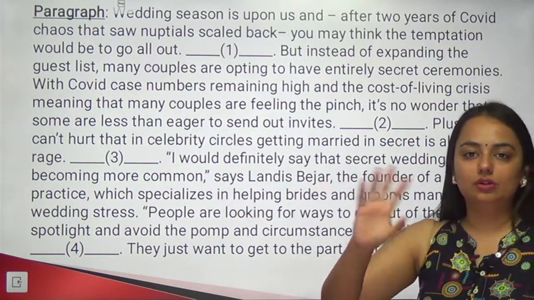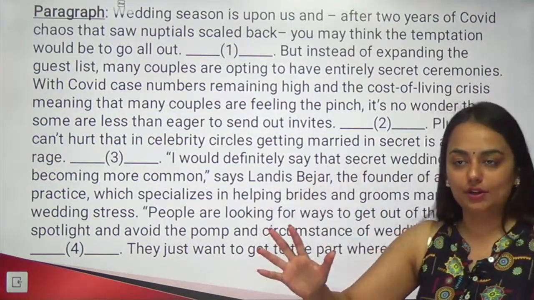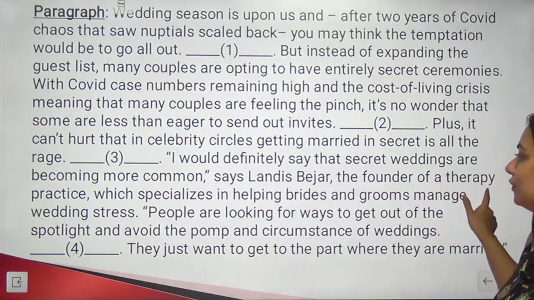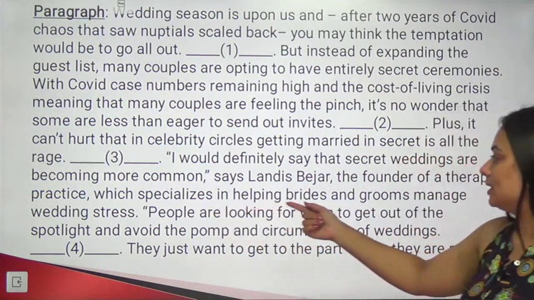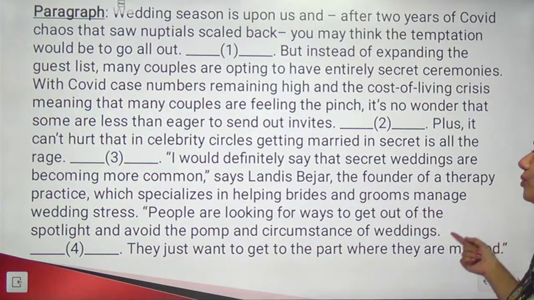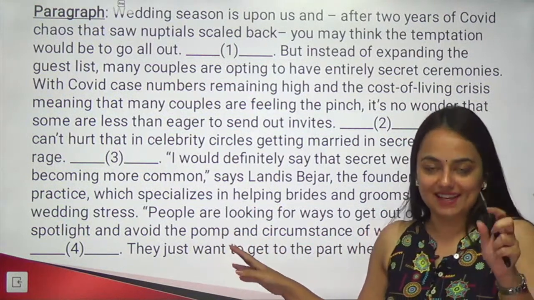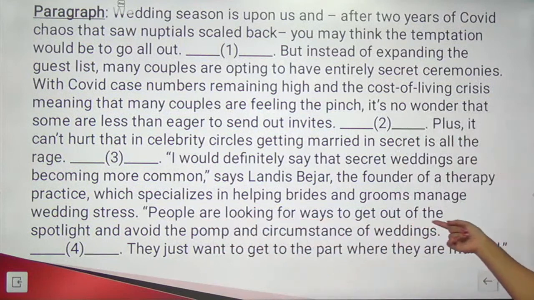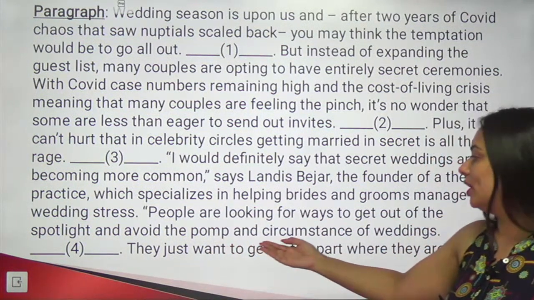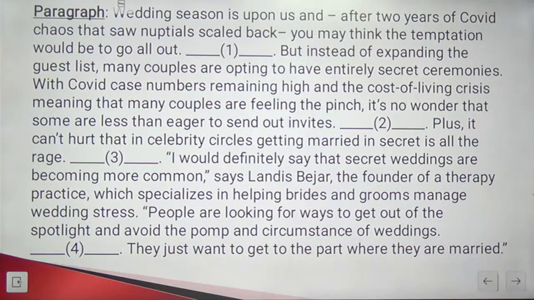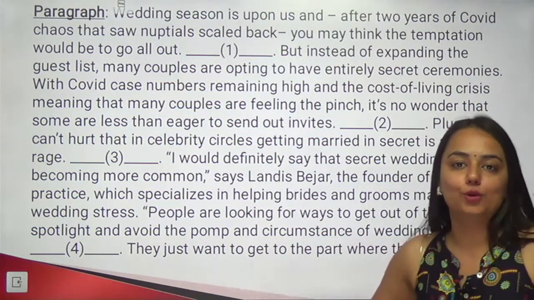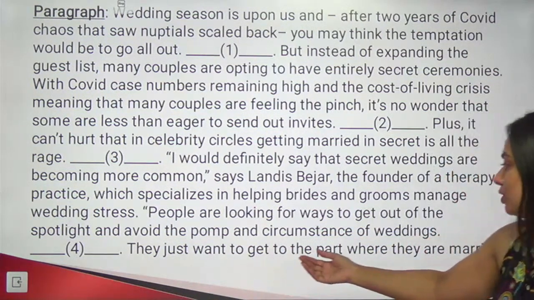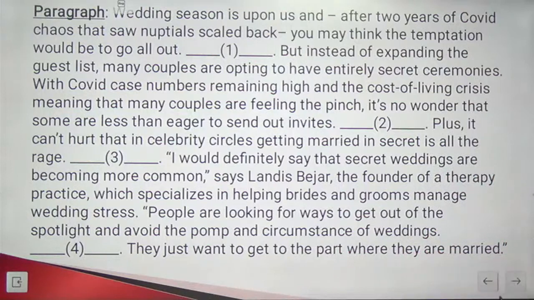So now a different, new kind of idea is introduced here: the founder of the therapy practice which specializes in helping brides and grooms manage wedding stress. Yes, there is a thing like wedding stress also. So people are looking for ways to get out of the spotlight and avoid the pomp and circumstance of weddings. And there you have your fourth blank. So they just want to get to the part where they are married.